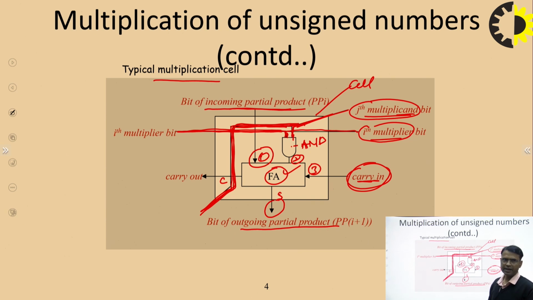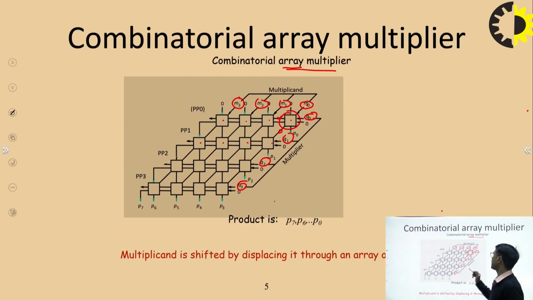So, we can easily understand this particular path that we have marked here in bold, that they are basically a bypass to send the multiplier and the multiplicand bit to the adjoining cells of the array multiplier. So, we can easily see that Q0, Q1, Q2 and Q3 will go horizontally towards each cell, and similarly M0, M1, M2 and M3 multiplicand will go down to each cell.